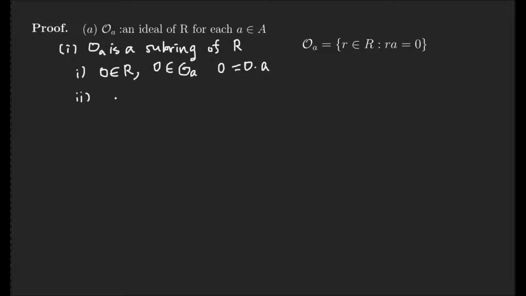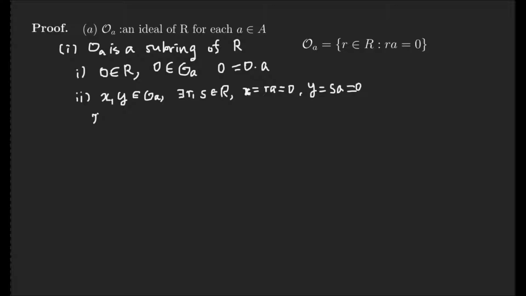Second property: if x, y are elements in O_A, then there exist r and s in R such that x times A is equal to 0, and likewise y times A is 0.